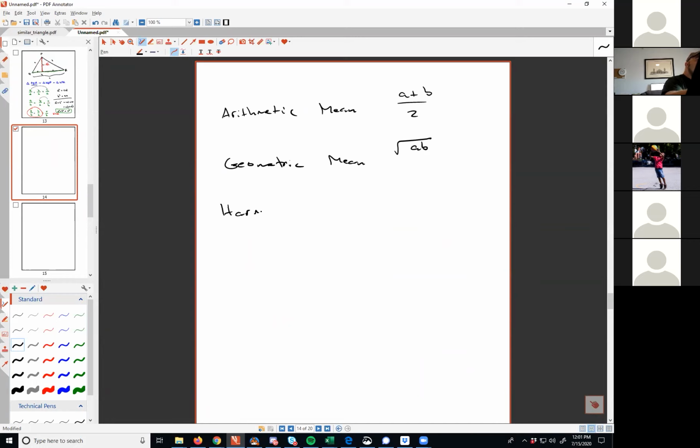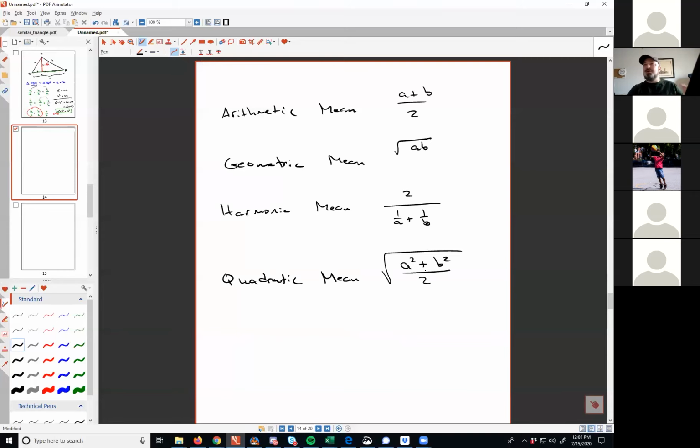There is a harmonic mean, where we take the reciprocal of the average of the reciprocals. And there is a quadratic mean, which is the square root of the average of the squares. And it turns out that all of these pop out in different places geometrically.